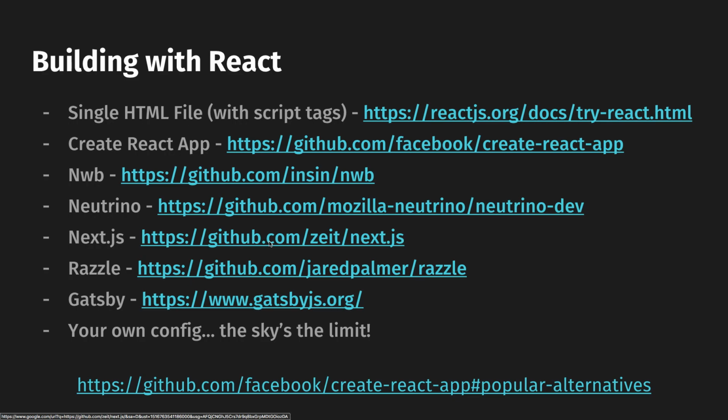So with a regular client-side application, we're shipping an index.html file to the browser, and that's just going to have a div with an ID on it. And then our JavaScript will go ahead and write all of the content it needs to into that div. With Next.js and Razzle, once again, it's hands-off. You don't have to configure anything. They handle server-side rendering your entire application.